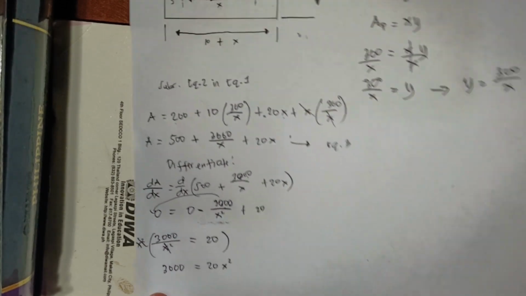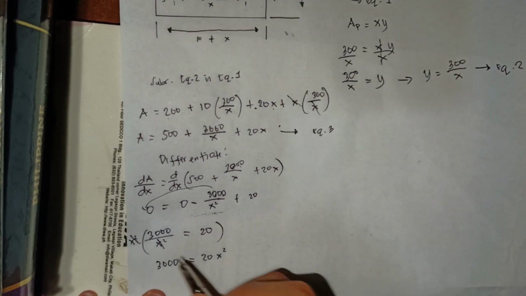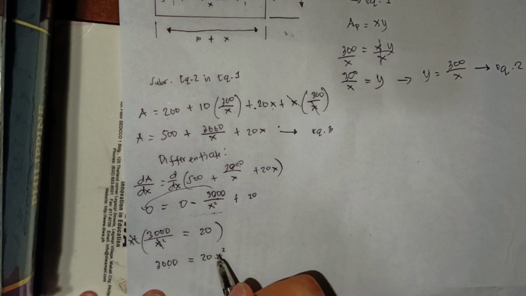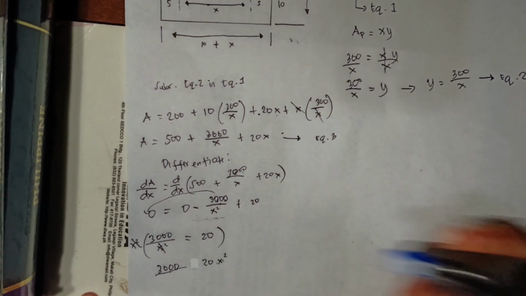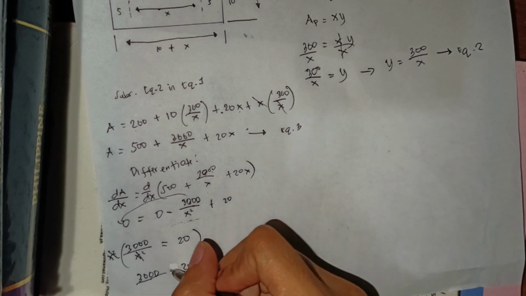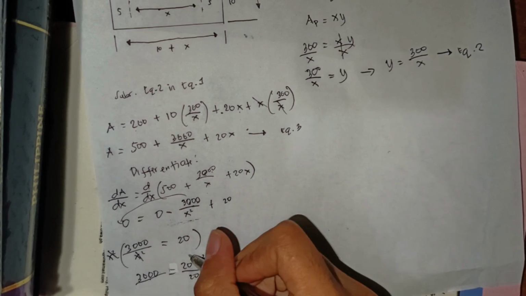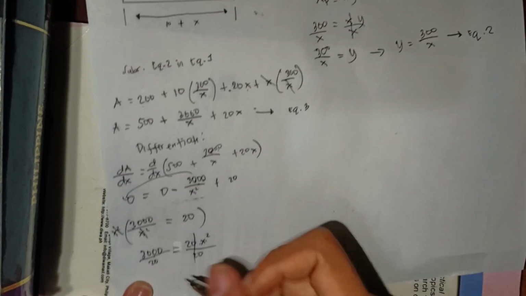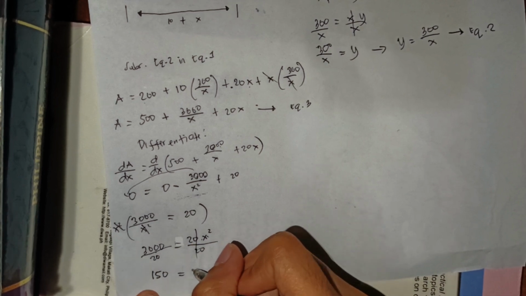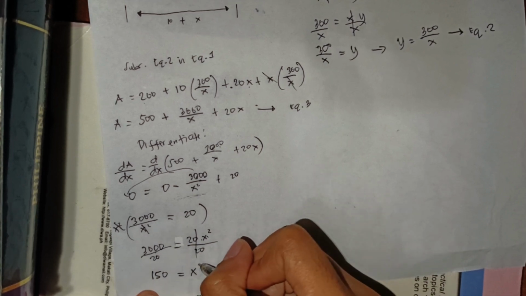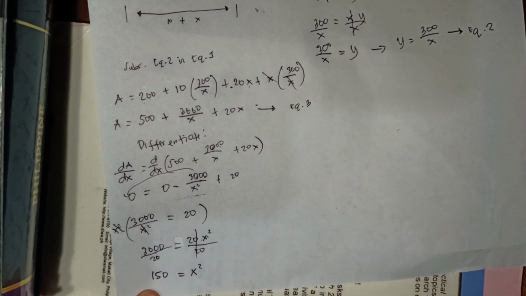To get the value of x squared, divide both sides by 20, so we have 150 equals x squared.